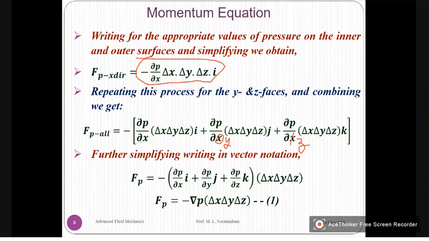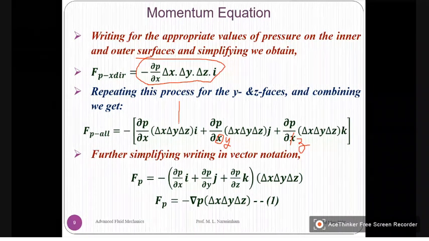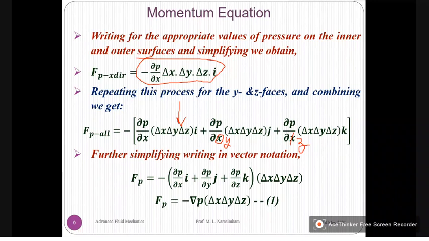So minus dou p by dou x into delta x delta y delta z. This term only will come when we are writing the force equation in x direction, and this term will come in y direction, and this will come in z direction.